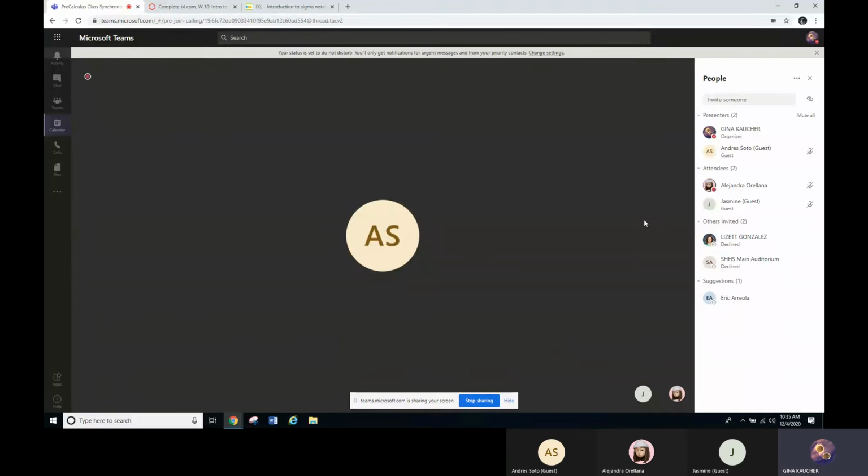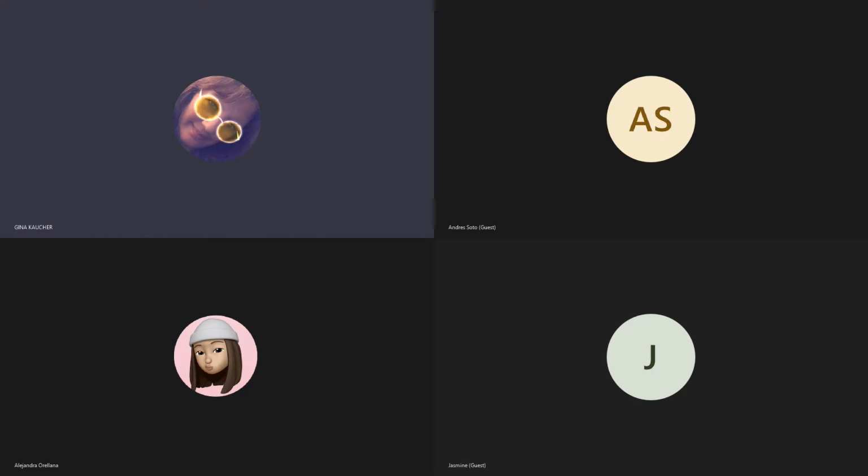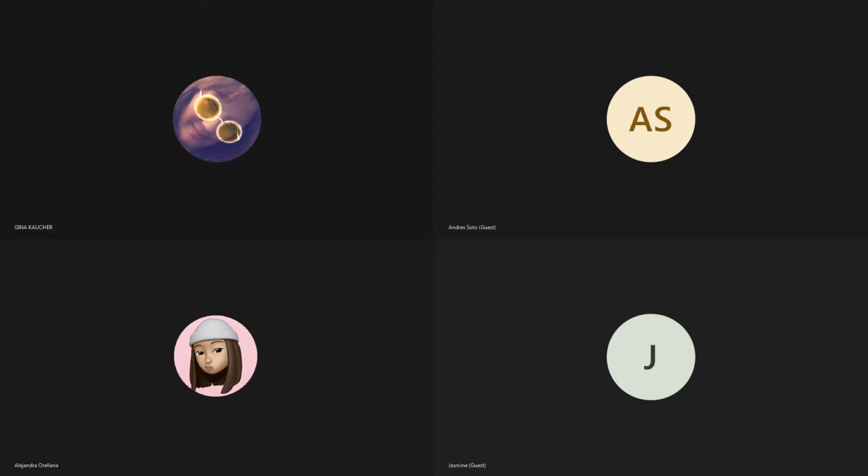Open your IXL and go to W10, and then you press this little share thing right here. There's a screen over here. You have to click on that, and when it pops up, you click on it and press share, and then it should share, and I should be able to see your IXL.